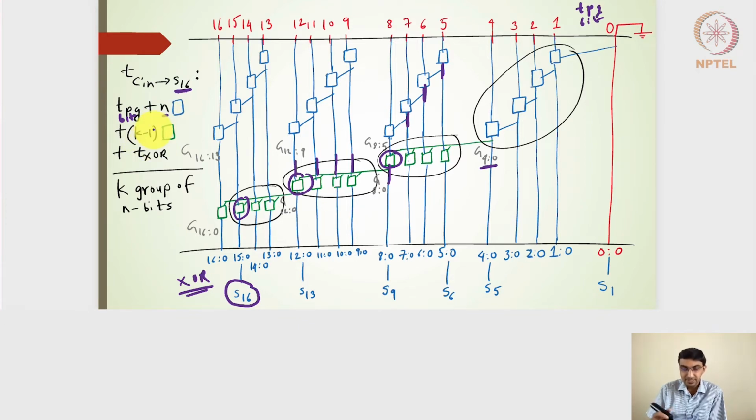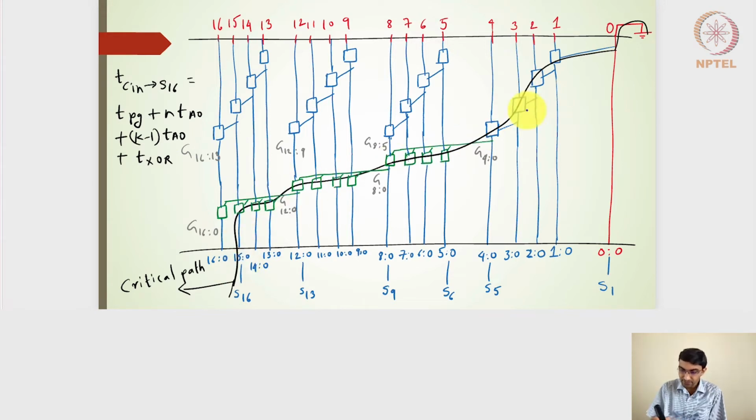So what it really means is, for k groups, for 16 bits, we have divided into k groups, where each group is of 4 bits. So in that sense, we will have k groups of n bits. So instead of 4 here, I will have n multiplied by the delay of AND-OR gates, and instead of 3 here, I will have k minus 1 into the delay of AND-OR gates.